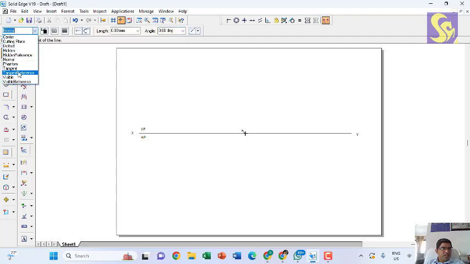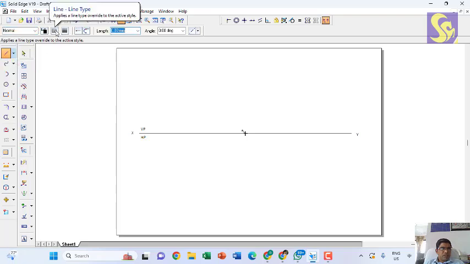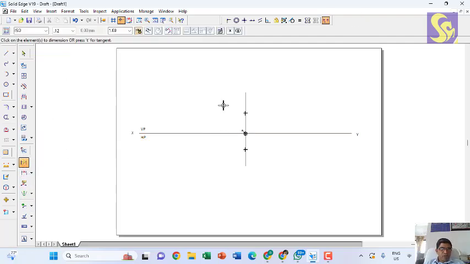I'll have the midpoint marked. I'll simply take the midpoint and take two lines, and I've been told that the midpoint M is at a distance of 40 mm from both the reference planes.